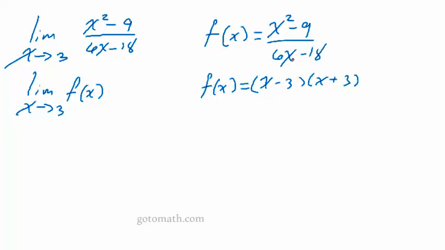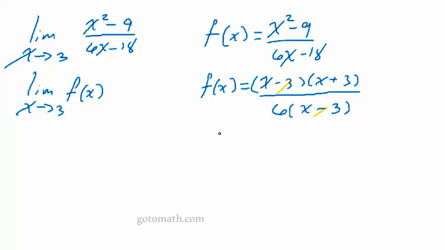We've got a difference of squares. And I'm going to factor a 6 out of the denominator, and so we're left with x minus 3. Now we've got like terms that we can cancel. We can get rid of those two right there.